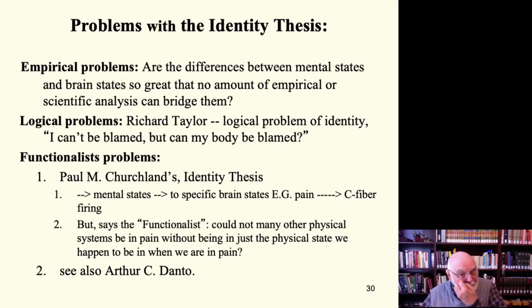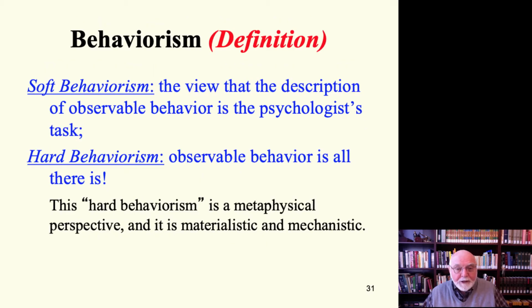But more significantly, I think it's important to come to behaviorism, which in a sense has been impacted by the materialists' views. We have a distinction with behaviorism between soft behaviorism and hard behaviorism, and you'll see how it's connected to the discussion we've had before.